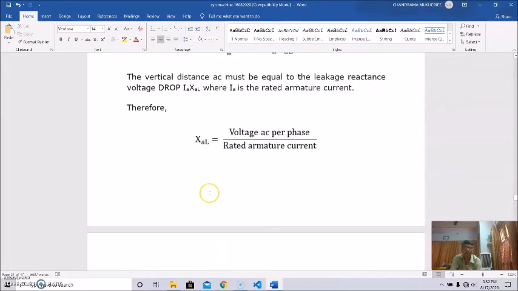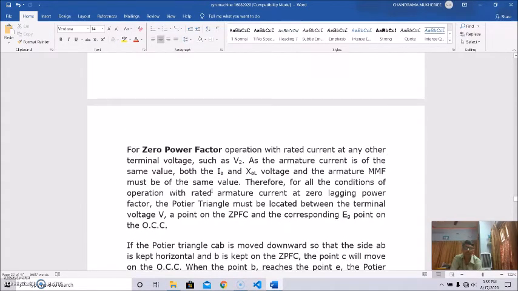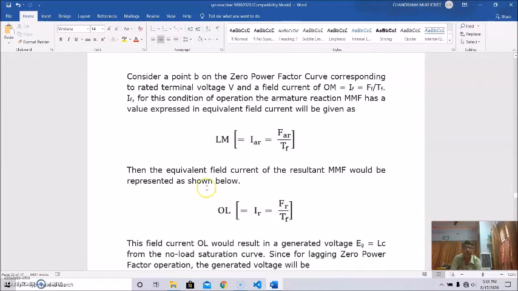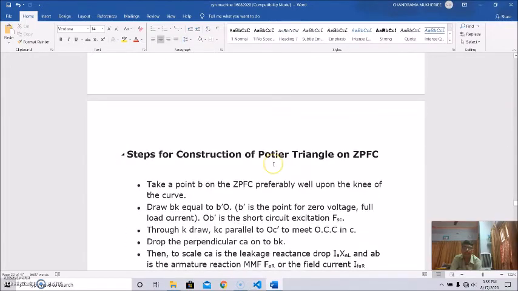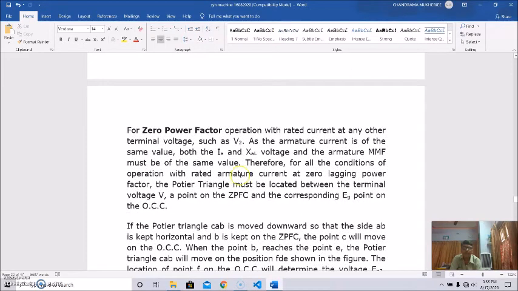Okay, so now the Potier triangle CAB, here it is.